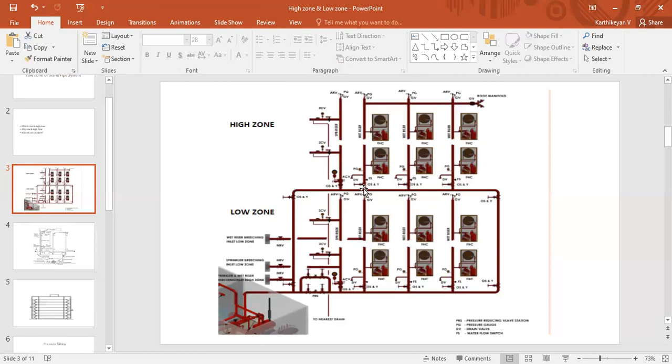So here also the equipment will face only 12 bar, because due to this vertical pressure loss the 17 bar will be lost, and here it will be 12 bar only. So in this high zone area also you can use only 12 bar rated equipment again, because the pressure will be only 12 bar. So the low zone is over, the high zone is over, and we have almost completed this topic.